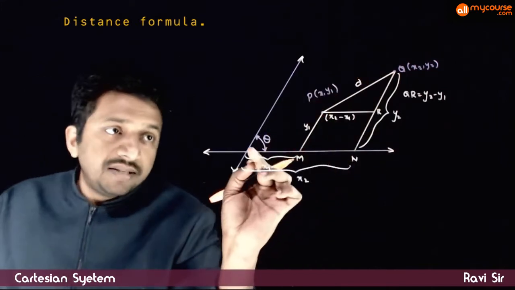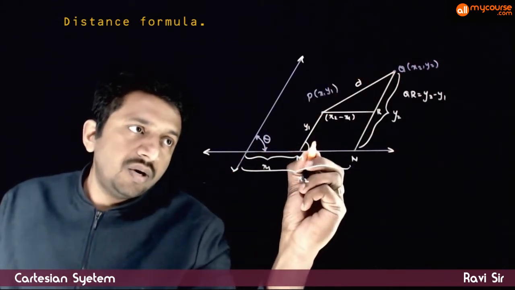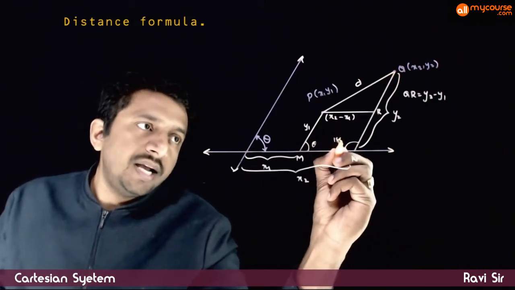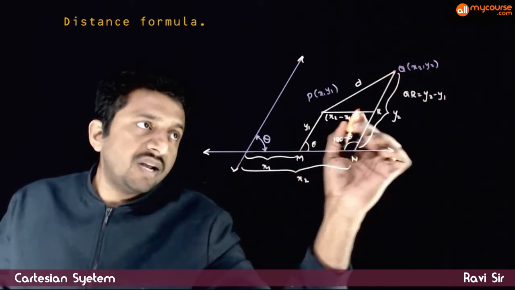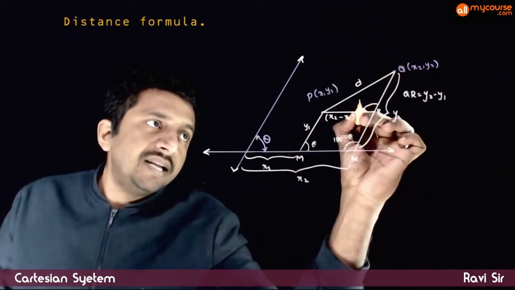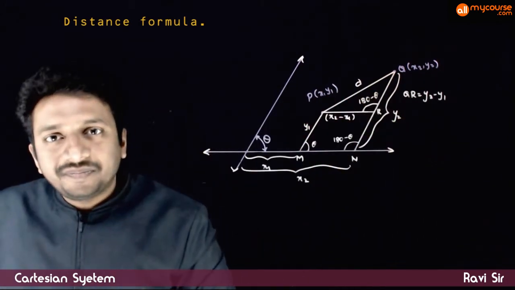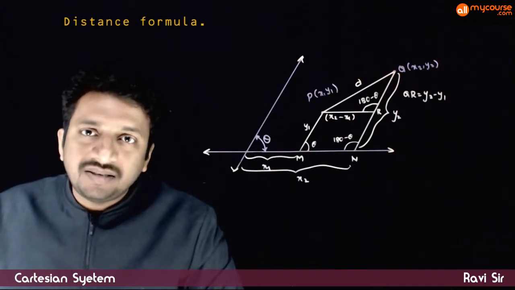Now, as you know, if this angle is theta, this angle is also equal to theta. This angle is 180 minus theta because this is a parallelogram. So if this is 180 minus theta, this angle is also equal to 180 minus theta.